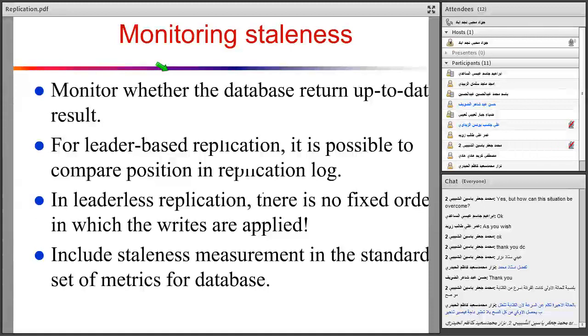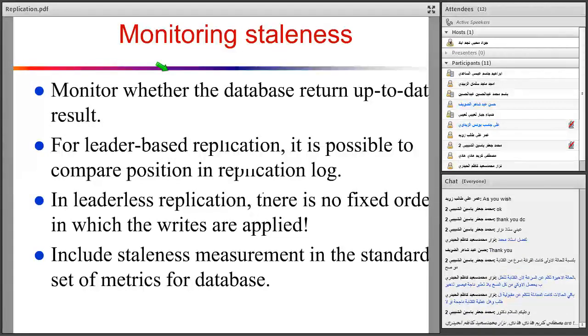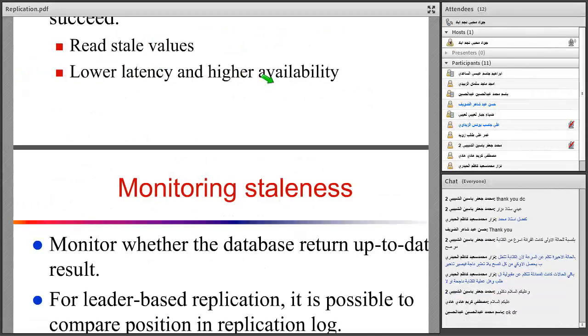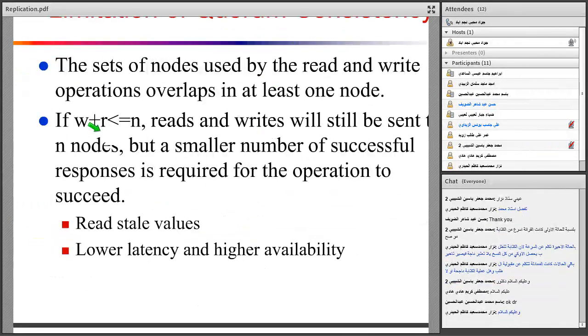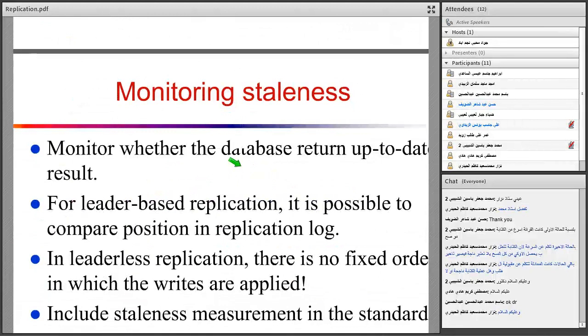Okay, I'm going to talk about monitoring staleness. Yes, we know that stale values can occur when we use the previous relation, where W plus R is lower than or greater than N. It's possible that in some cases the stale value is received by the readers.